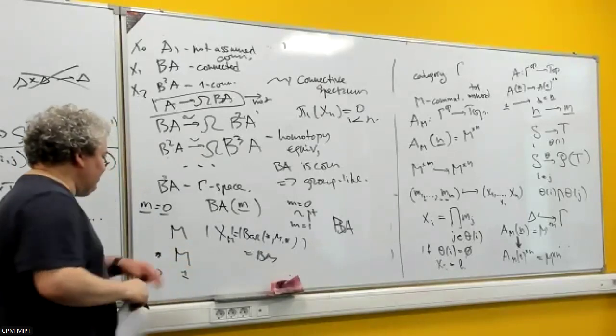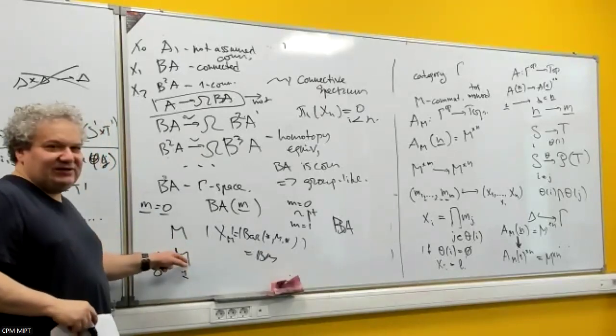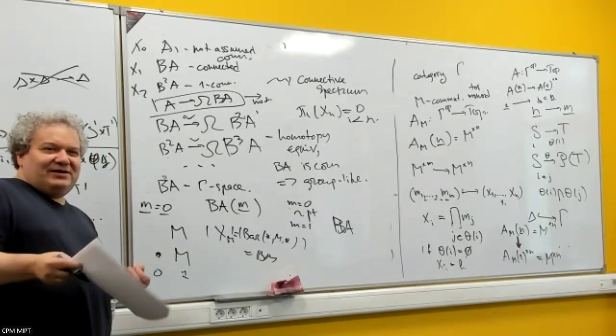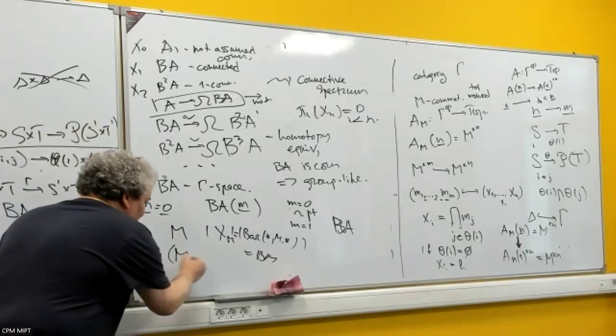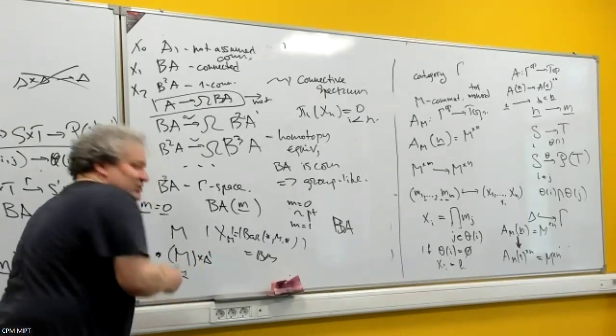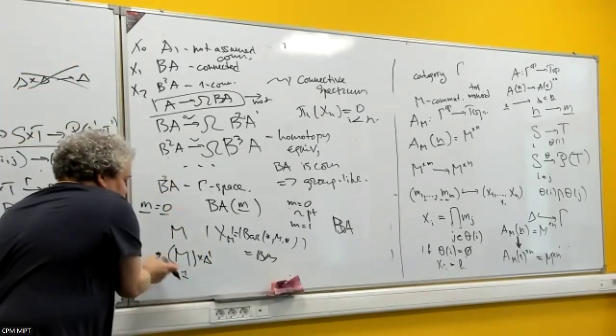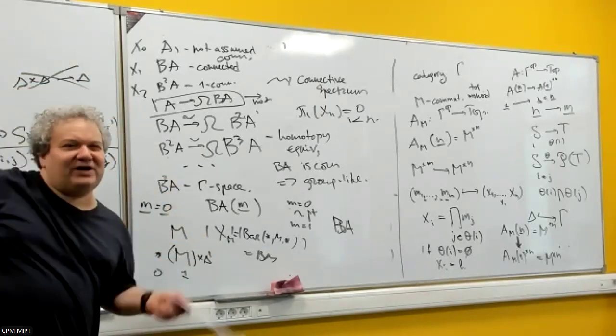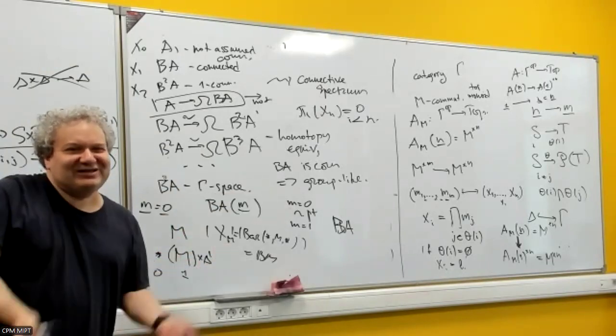So this not connected thing is now not in degree 0, but in degree 1. Then you should take the product of this one with the unit interval and glue the ends with this point, and then glue further something. So you get a connected thing, right?